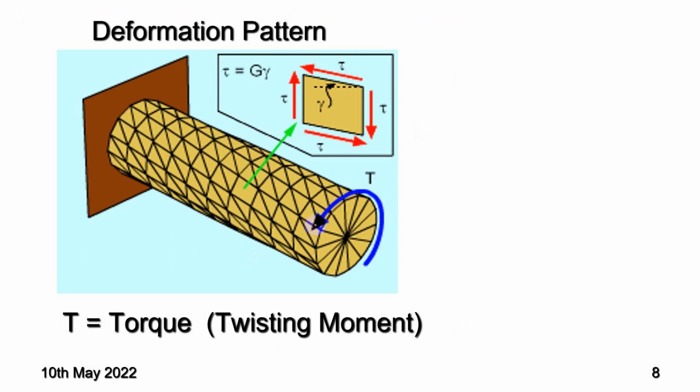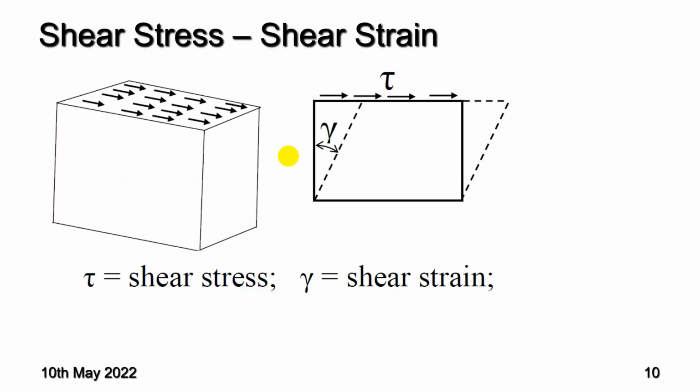When you apply a torque, deformation occurs in these elements, and if you look at this deformation, there are stresses, and we are going to define those stresses. So let us look at the shear deformations.